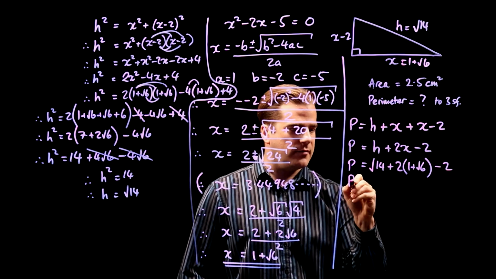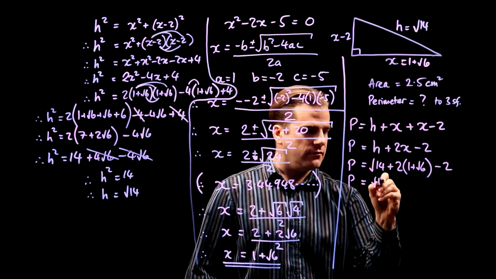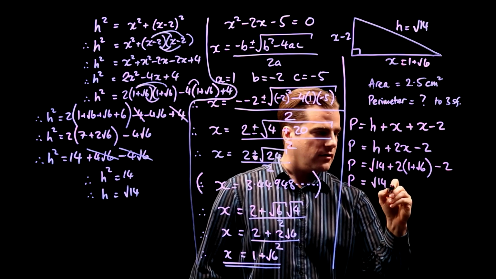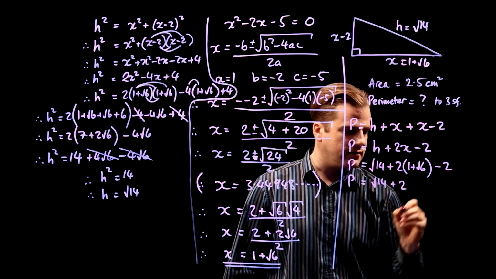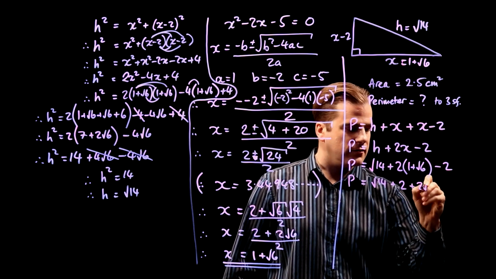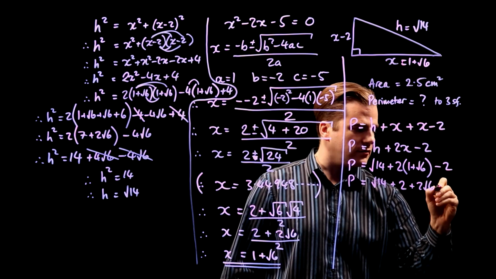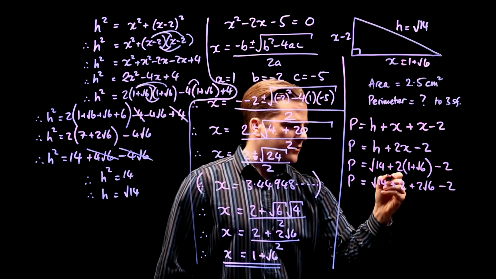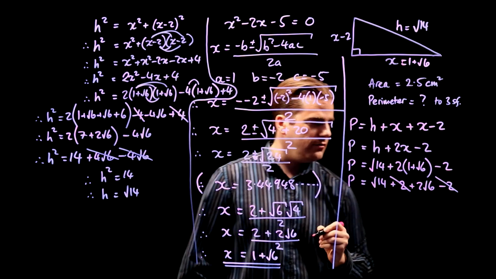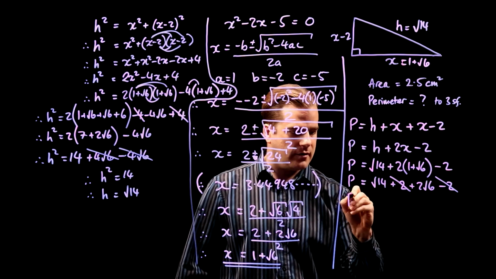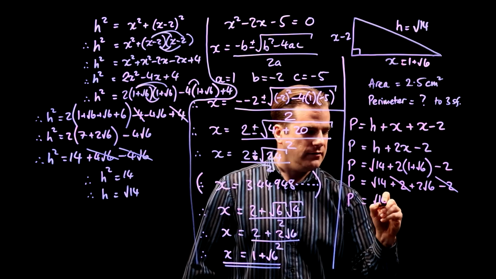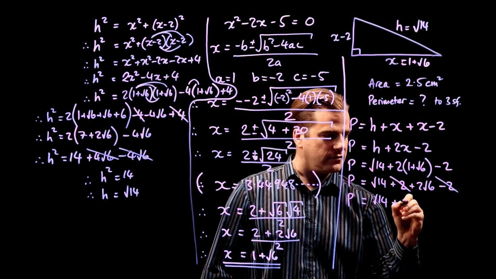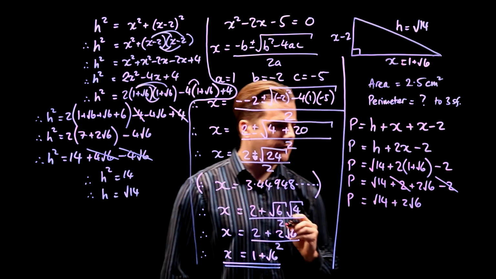Okay, so the perimeter is root 14. 2 times 1 is 2. 2 times root 6 is 2 root 6, minus 2. That's nice. Plus 2 minus 2. So the perimeter is root 14 plus 2 root 6.